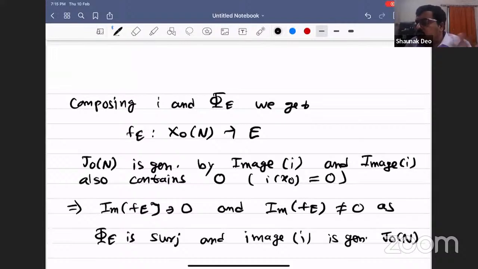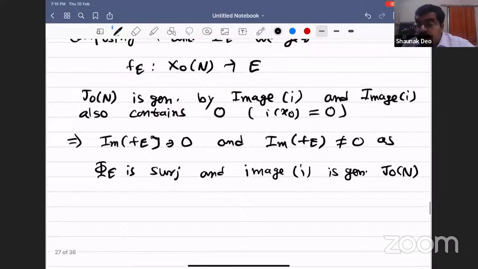If all the elements of X naught were getting mapped to 0, that means all the generators are getting mapped to 0 under phi E, which means phi E is 0, but that is not true. So F_E is not 0 and it contains 0, which means it is non-constant, which means it is surjective.